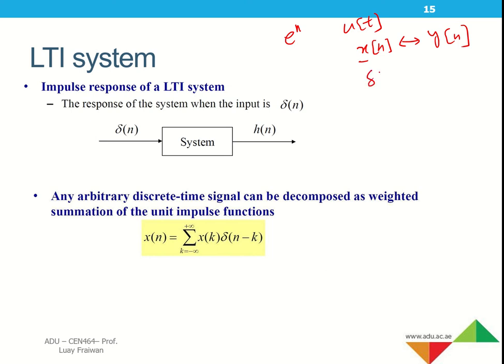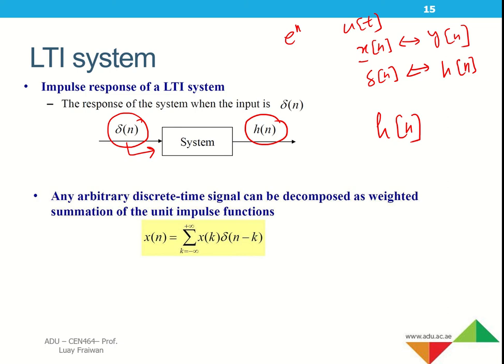If your input is an impulse signal, then the output you get is called the impulse response, the same as in signals and systems. If you supply an impulse as input to your system, the output of the system is called the impulse response, and we represent it using this.